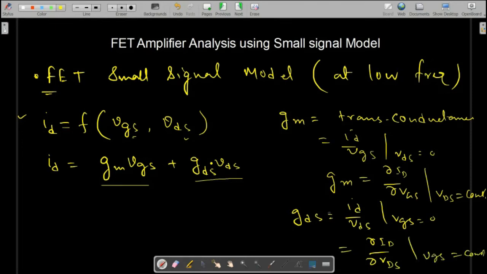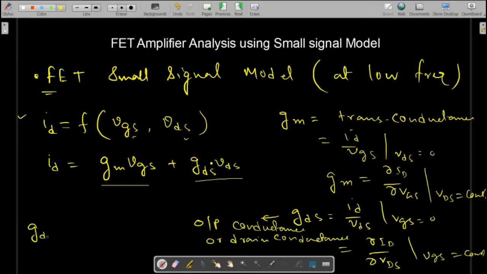Okay. So this gds term is called output conductance or drain conductance.